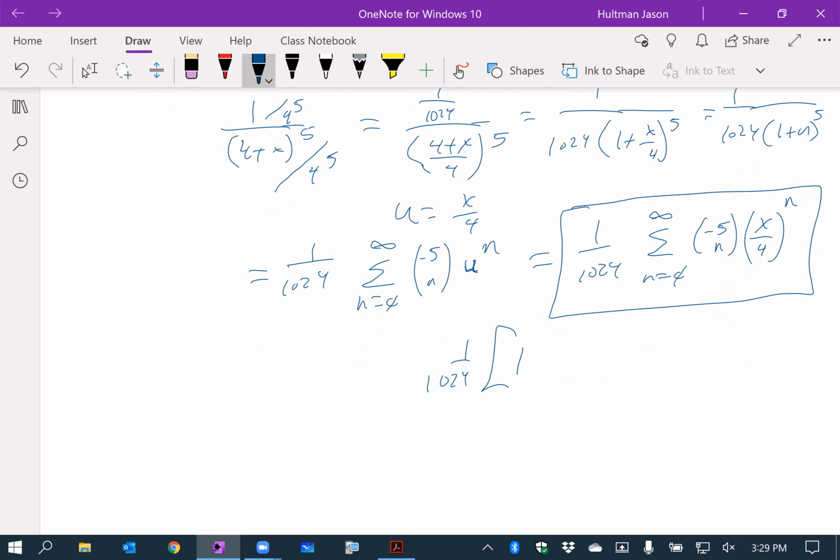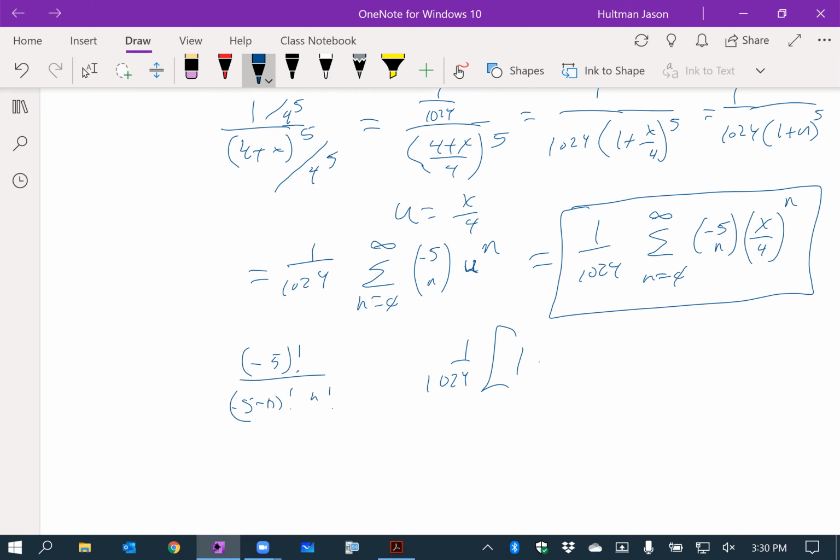You could plug that into a calculator. It would be negative 5 factorial over negative 5 minus n factorial and then n factorial, or you can just plug it into a calculator.